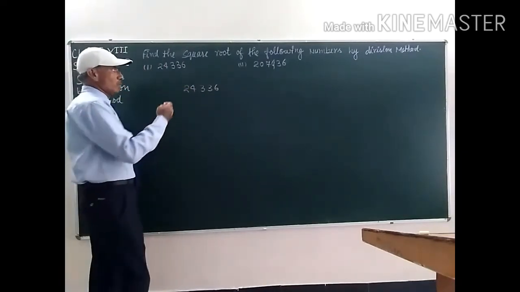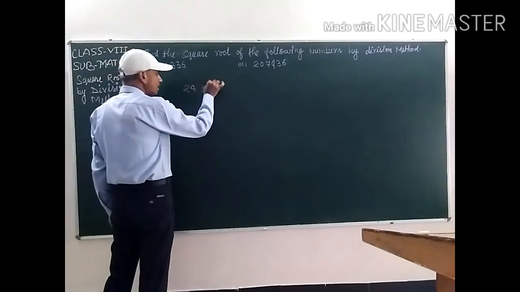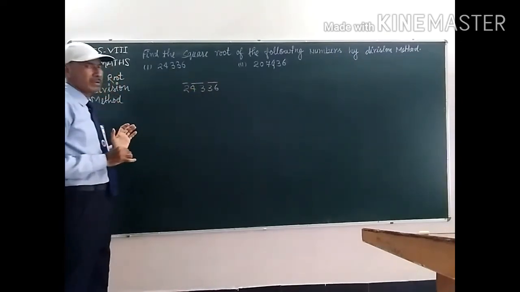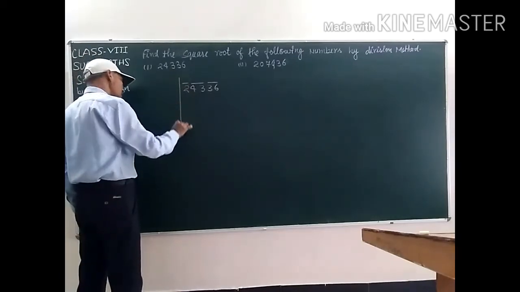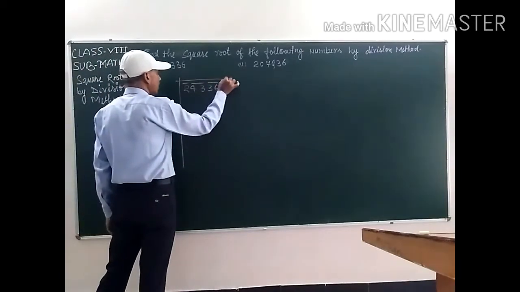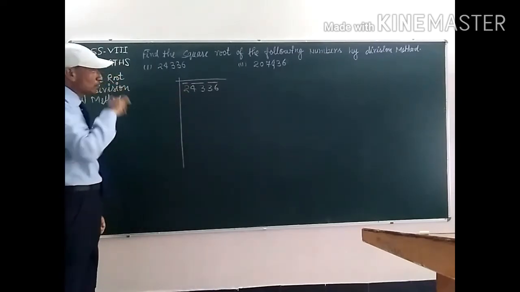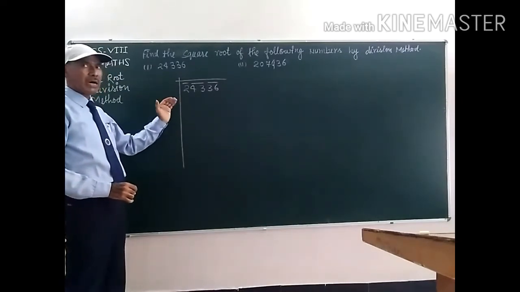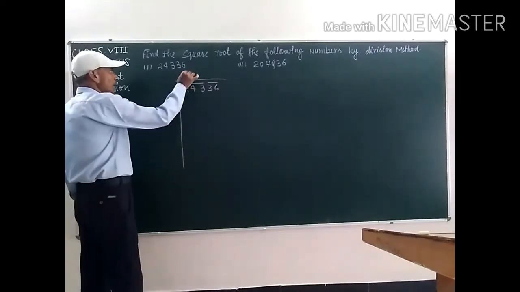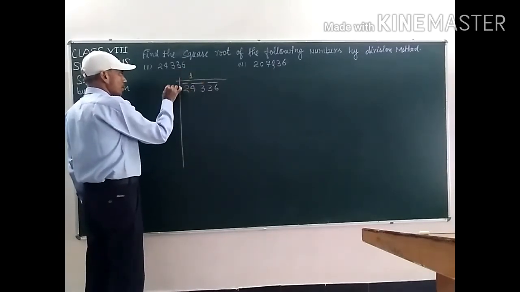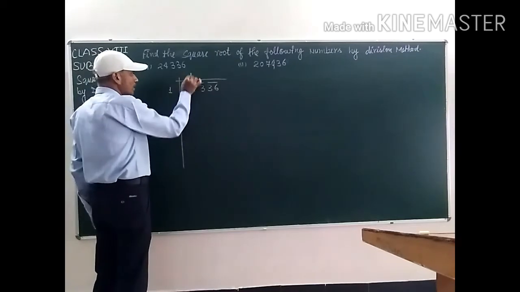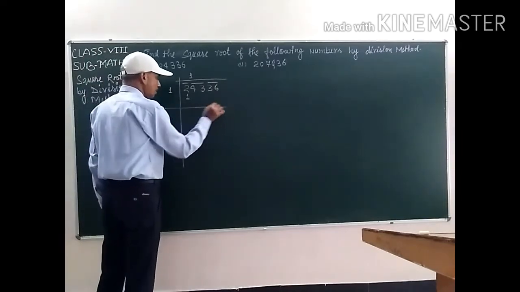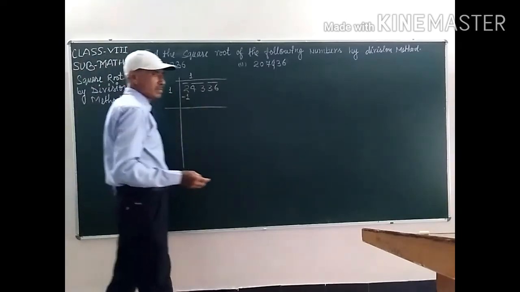From the unit digit we will make pairs of this number, and this one is 2 only. Okay students, so make this type of arrangement. The first number is 2. You have to take a number whose square is 2 or less than 2. So first of all we have to take 1 here. 1 times 1 is 1, and subtract this number from this.